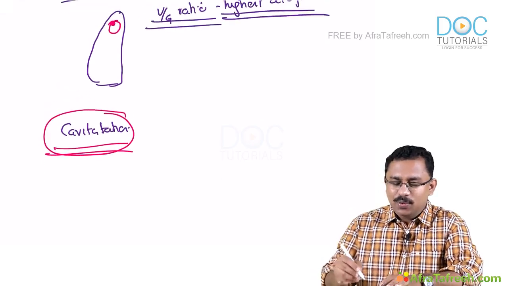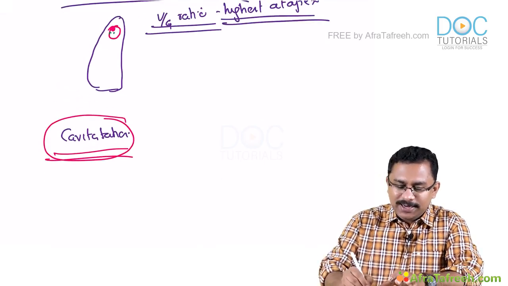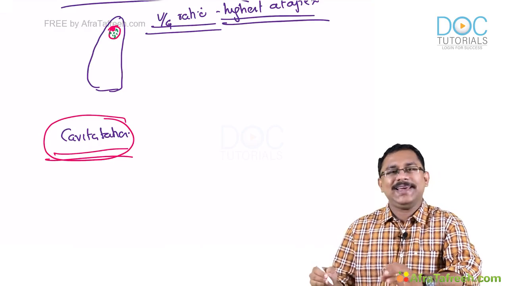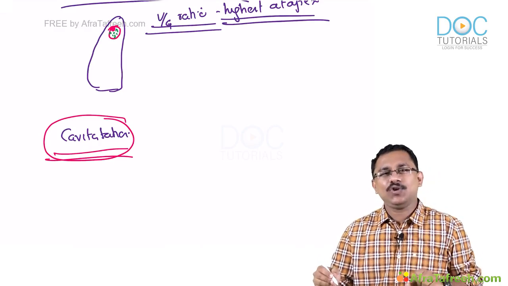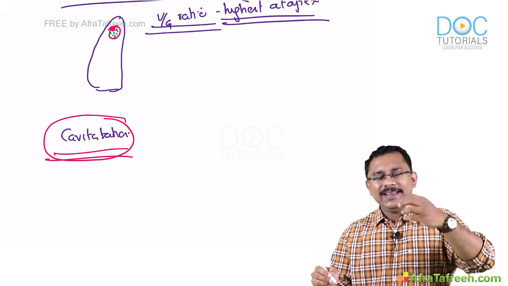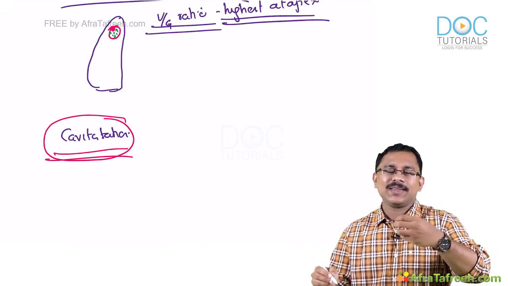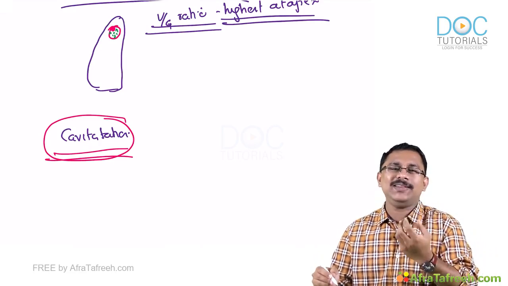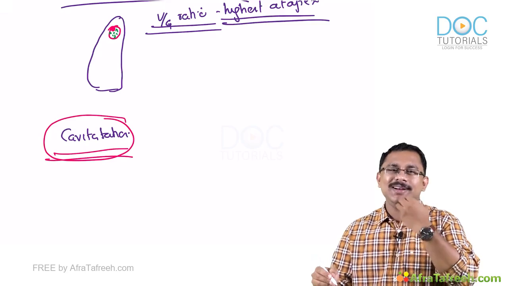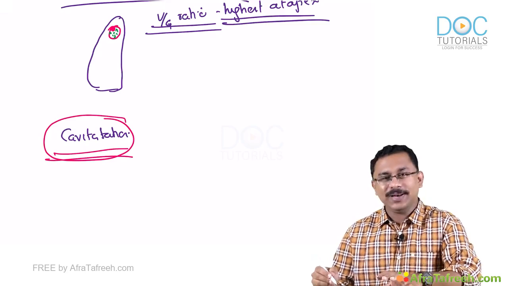The cavity will be studded with the tubercle bacilli, and when it communicates with an airway, the bacilli come out through the droplets of this particular individual.